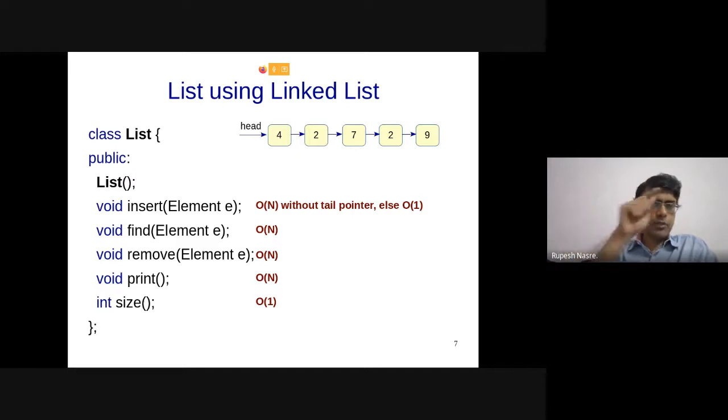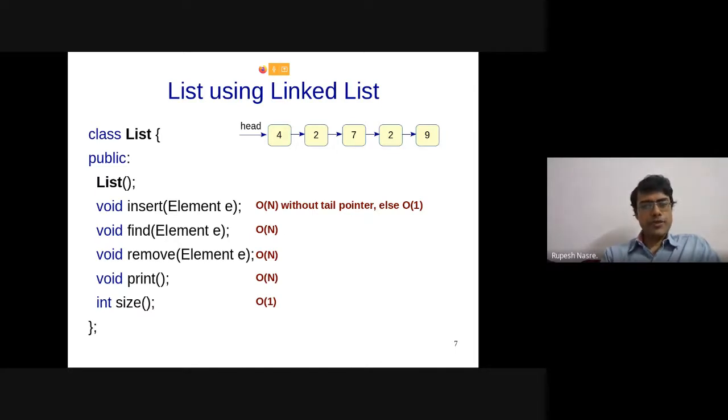So all of this will require me to traverse through the list, and therefore the complexity of this particular operation will turn out to be order n, where n is the maximum number of elements possible in this list. Now, can this be improved?